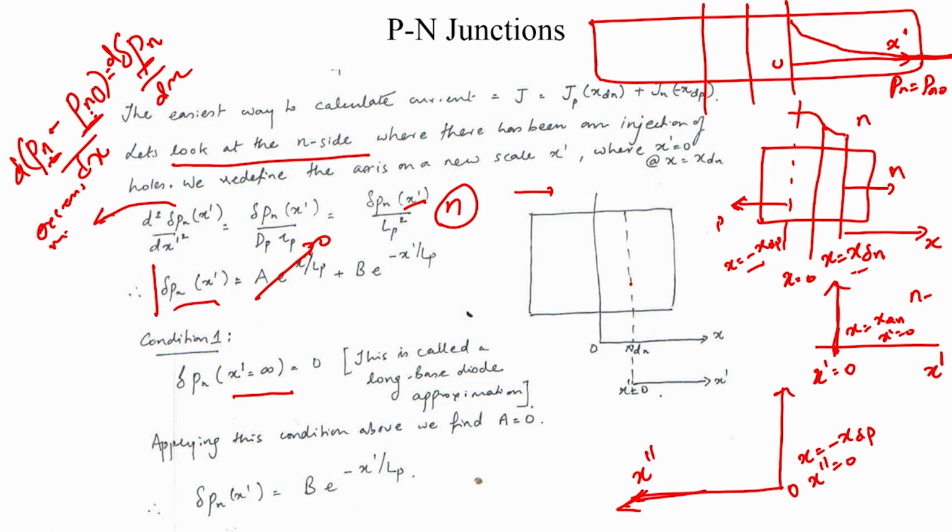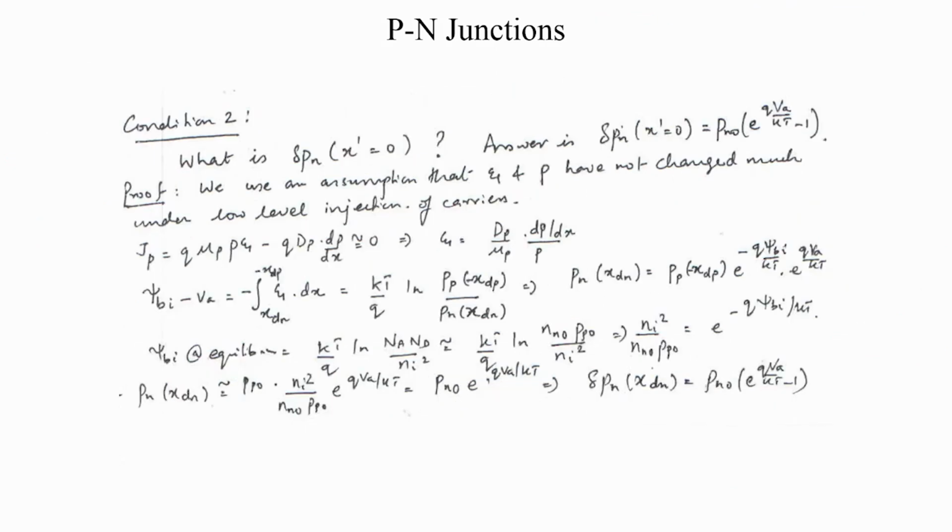So, what is the next boundary condition? I need to identify this coefficient b, and once I identify b, I have my expression for delta Pn. The next boundary condition is to identify the hole population at x dash is equal to 0. And here I have given you a short derivation, but in short the answer is this. Okay.